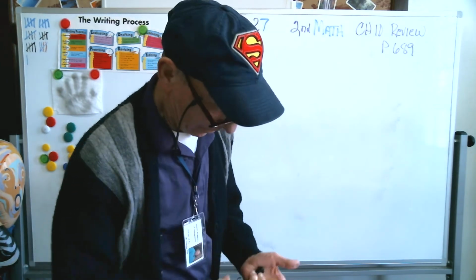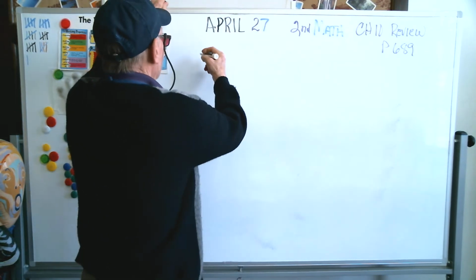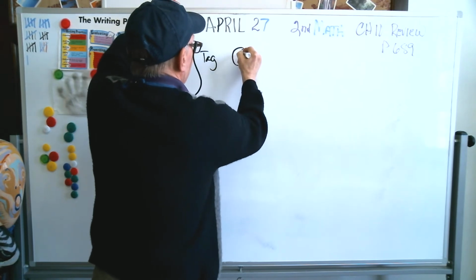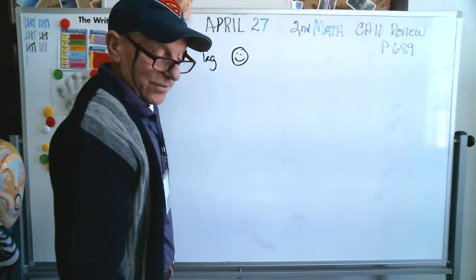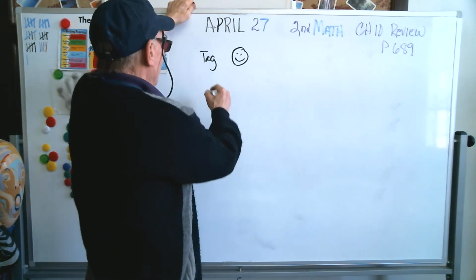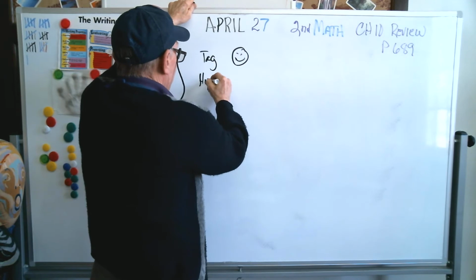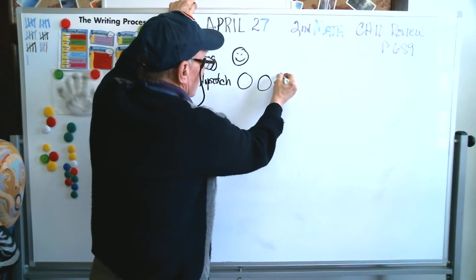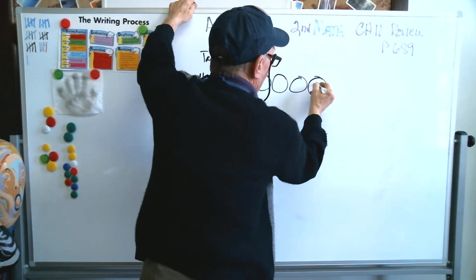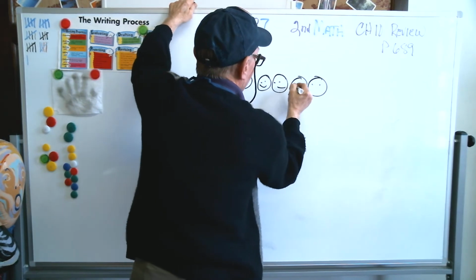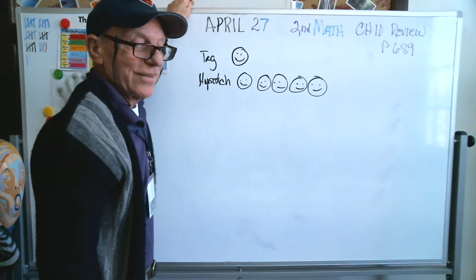has 1. So on our chart, we've got tag and 1 smiley face. Hopscotch has 5. So hopscotch. 1, 2, 3, 4, 5. 5 smiley faces. Boy, I'll tell you what, everybody's smiling.